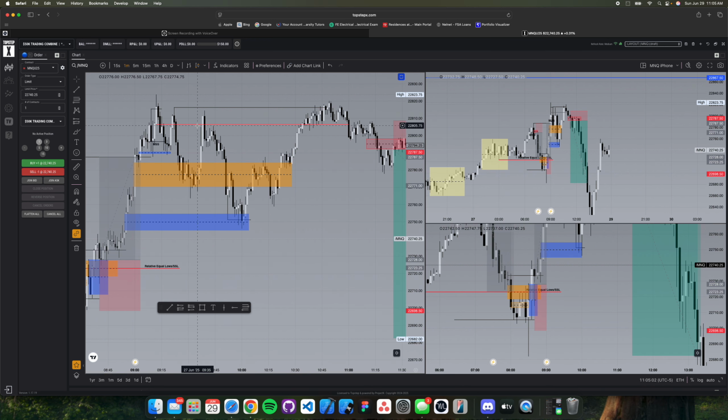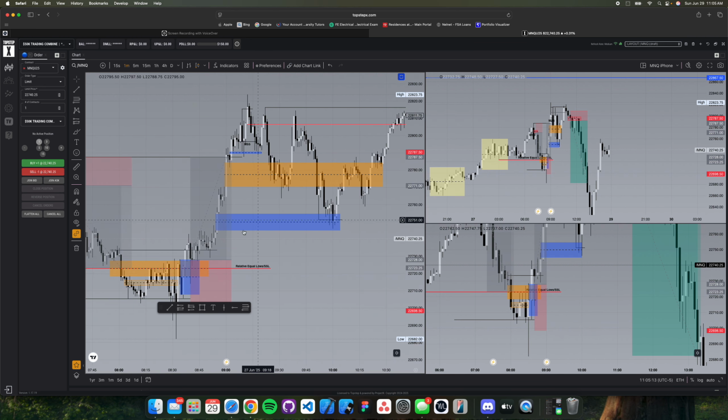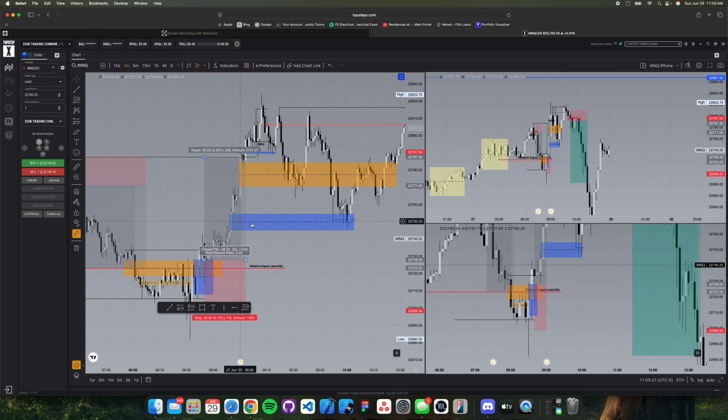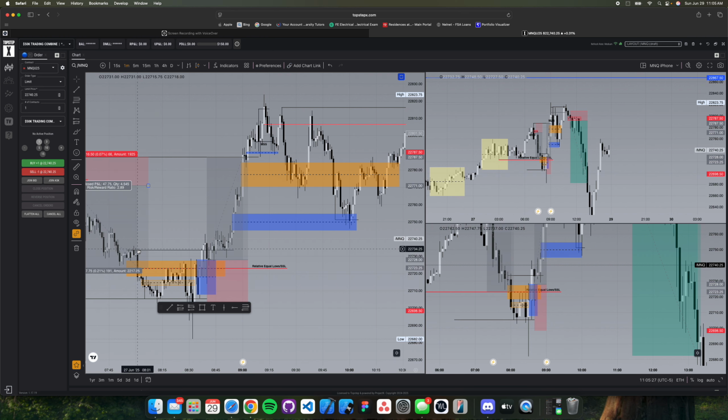We see price trade back up with a strong movement to the downside, trading through this buy side imbalance, sell side inefficiency. I would see this more so as an expansion more than an entry position. I would more so consider this bullish fair value gap here as we were leaving previous trend's swing high.